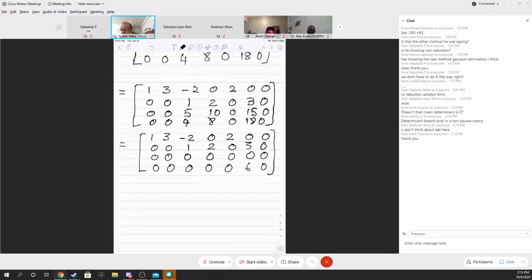I can simply write this. So what do I get from here? I get x1 plus 3x2 minus 2x3, there's no x4, plus 2x5 is 0. x3 plus 2x4 plus 3x5 is 0. 6x6 is 0.